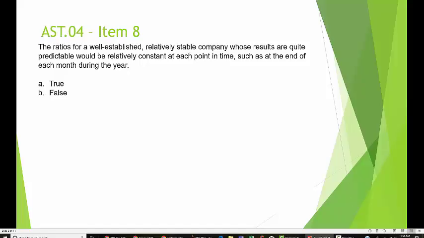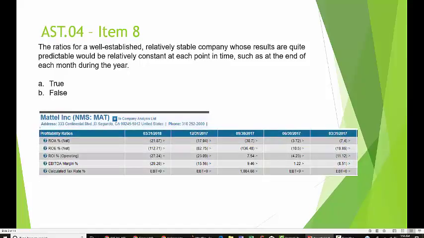So let's take a look at a company that you've all bought product from, and that would be Mattel. This piece of information comes from Bridgewater College's Mergent Online financial ratio database that you can get through the library. Here you see quarterly information for Mattel.